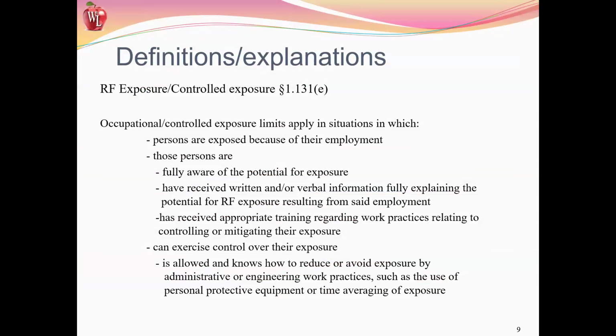So how can you become a controlled environment or occupational? What kind of things do you have to satisfy? Well, the persons that are exposed because of their employment have to be fully aware of the potential for exposure. They can't just be walking around not understanding that. They have received written and or verbal information fully explaining the potential RF exposure results. They have to be trained.